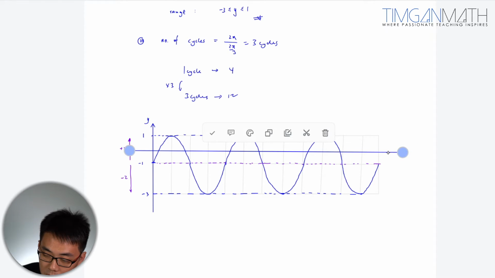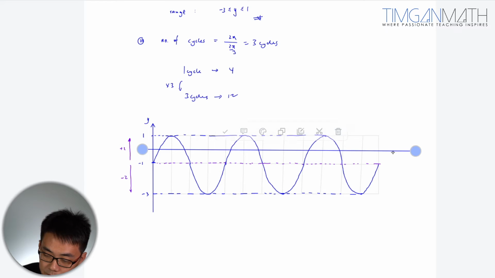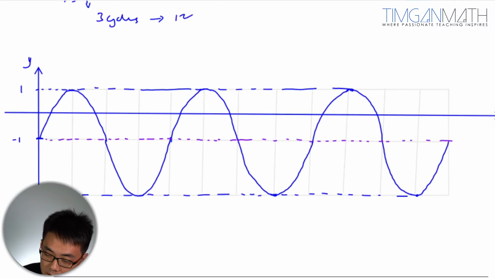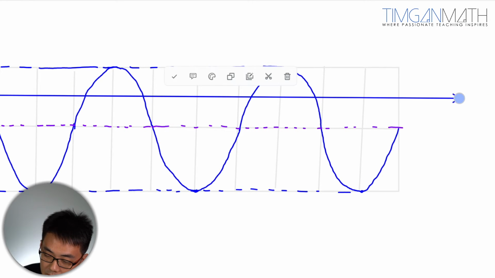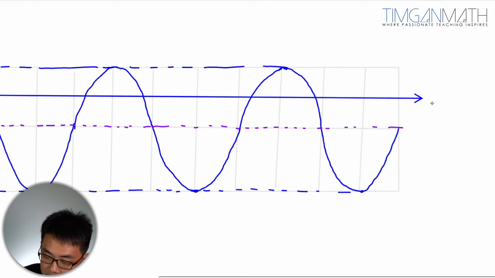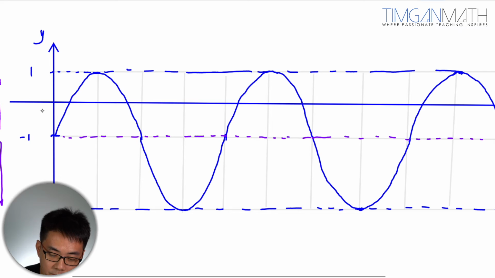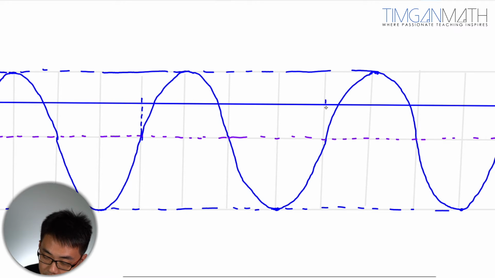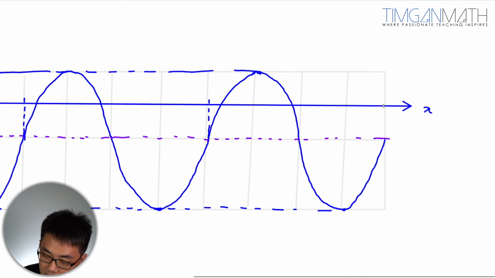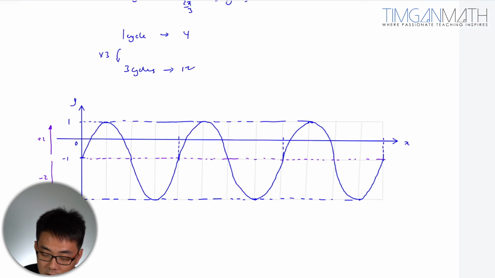So you just draw it in between. So this is x, and this is 0. And this is a period, another period, and another period. So this is how you sketch the curve.